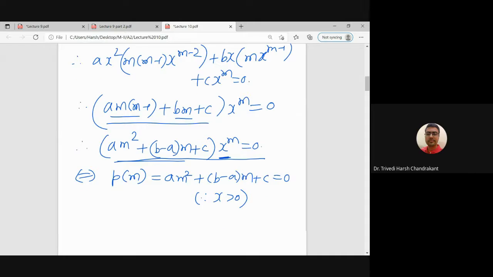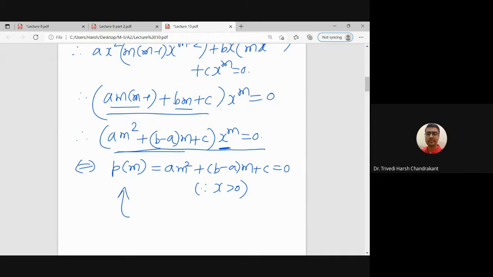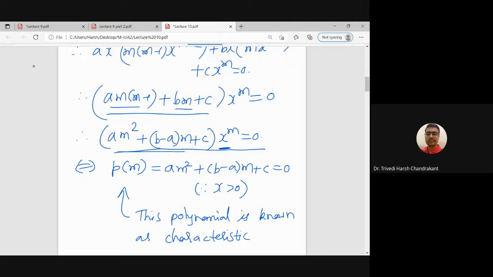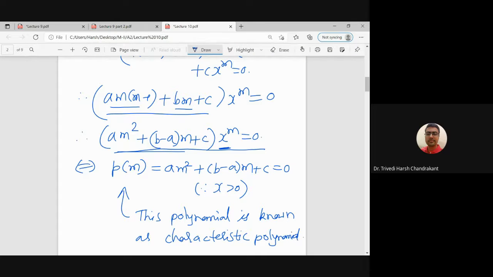Such a polynomial is known as the characteristic polynomial. For matrices also we have studied the characteristic polynomial that helps in finding the solution.